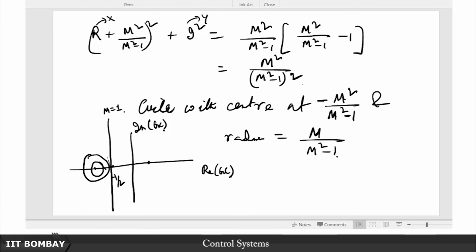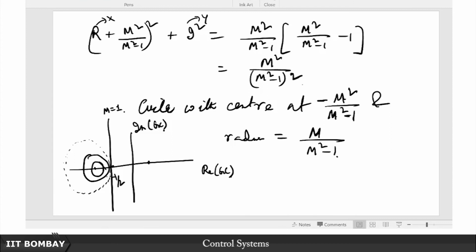But those circles are not going to really touch each other. As m increases to larger and larger values, the radius actually decreases.